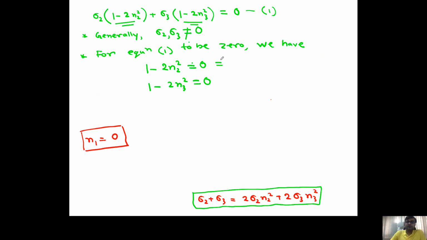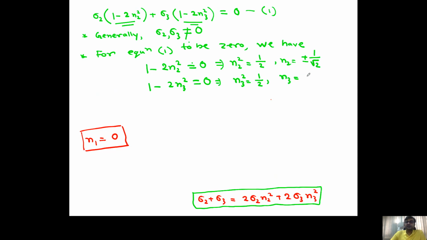Now from this one, what do you get? N2 square is equal to 1 by 2. So N2 is plus minus 1 by root 2. And from this, you get the same result. N3 square is equal to 1 by 2.